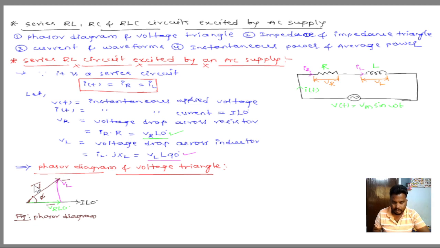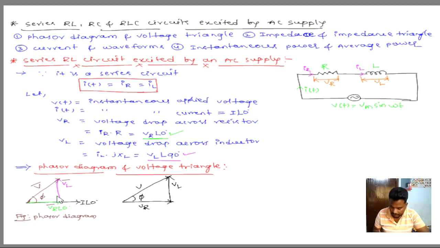Next, draw the voltage triangle. Voltage triangle means we are considering only voltages in the phasor diagram. This is VR, this is VL, and this is supply voltage V, and the angle is phi.